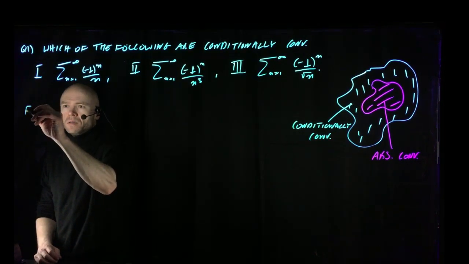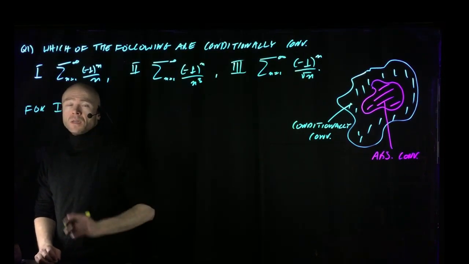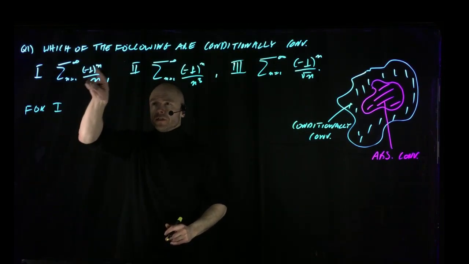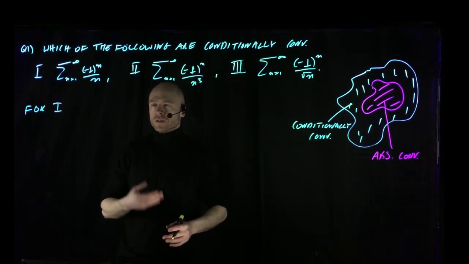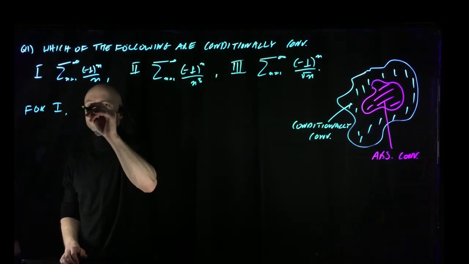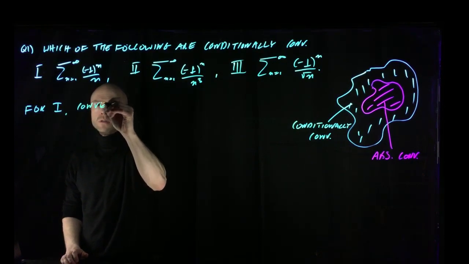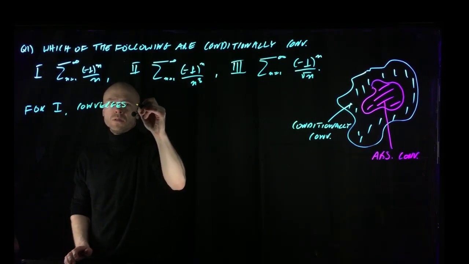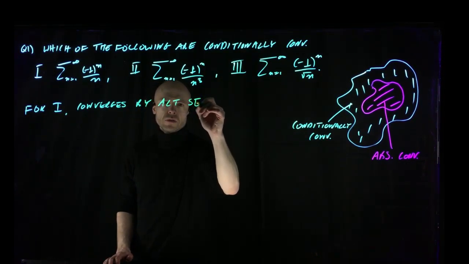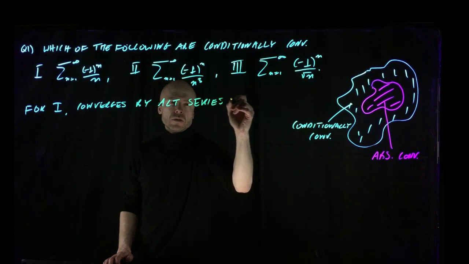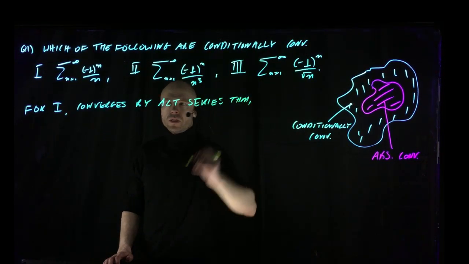Firstly, we know it definitely does converge. It's just an alternating series. These terms 1 over n are decreasing, and the limit as n goes to infinity is 0. So it's definitely converging by the alternating series test.